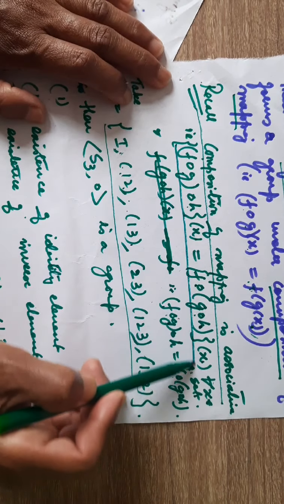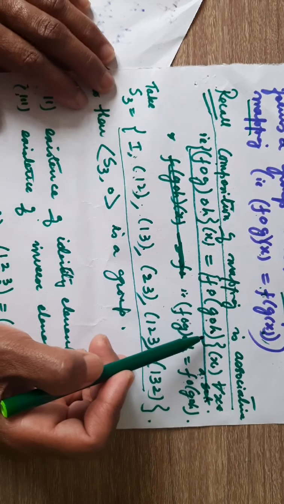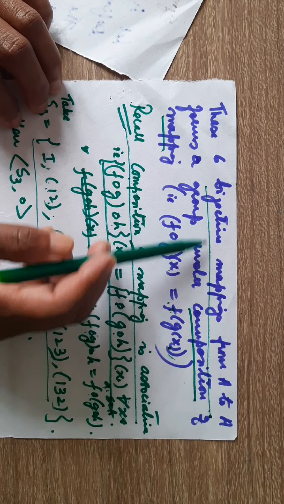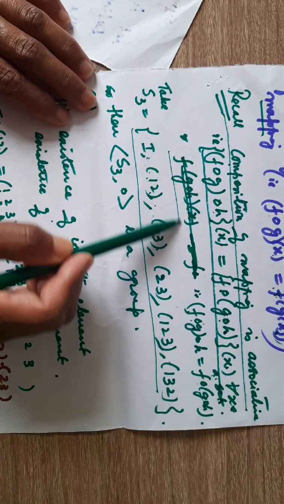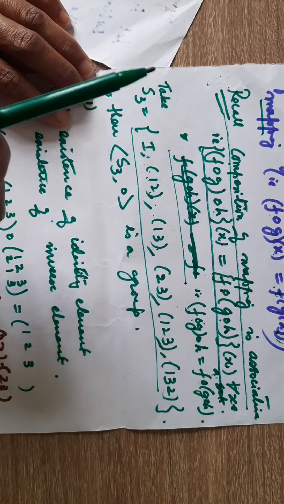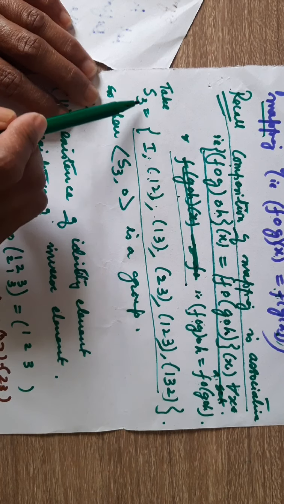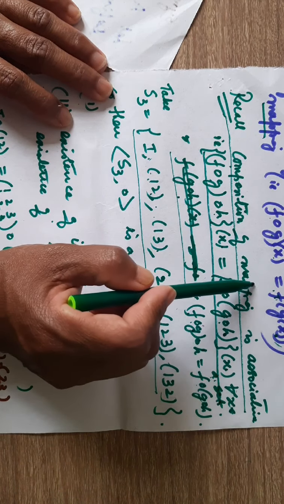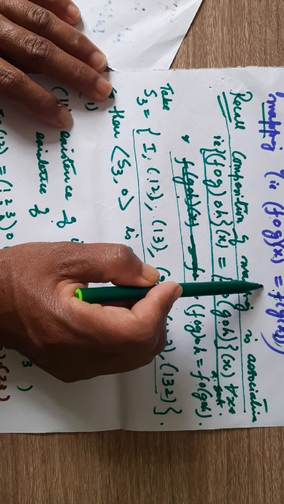That means it will always satisfy the associative property, which is true not only for bijective mappings, but for any mapping. So the first axiom of a group has been satisfied by the elements of this S3 under the binary composition of mapping.